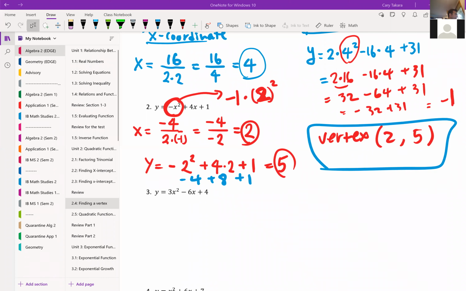All right. It's been about 2 minutes. Would anybody like to share your coordinate? Where is the vertex? Anybody else? Thank you, Haley.